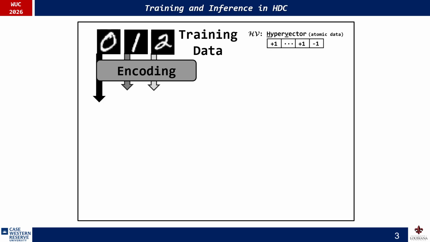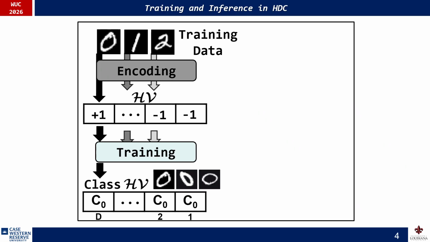In the training, let's say we have three classes, 0, 1, 2 from MNIST. For this, we first need to combine all the pixels and their positions together for each specific sample, such as a 0, which will contribute to the 0 class, by an encoding mechanism. Then I generate a hypervector for any specific input.